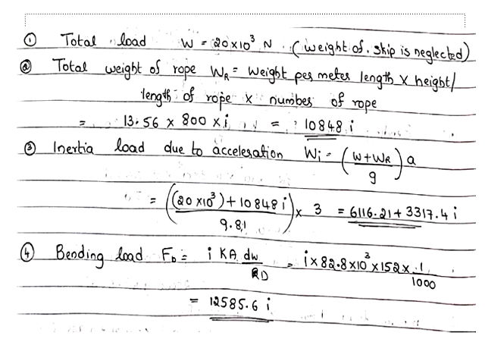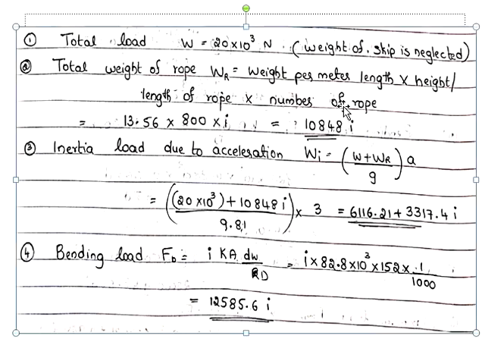Since we are using more than one single rope, in step number 2 we have to multiply weight per meter length into length of the rope, and multiply this value by number of ropes. This number of ropes we consider only when we are using more than one single rope to lift the load. Let me consider this number of ropes as I.